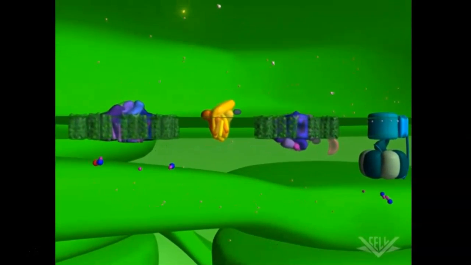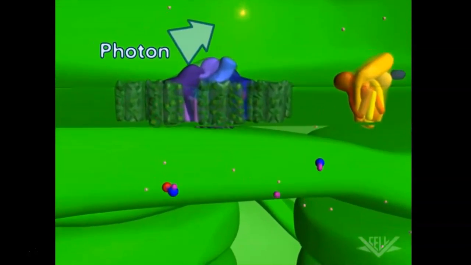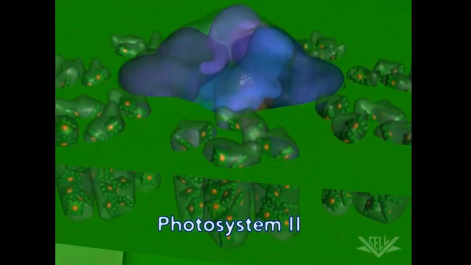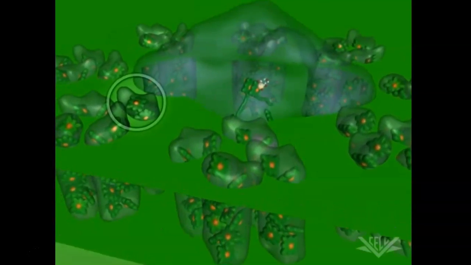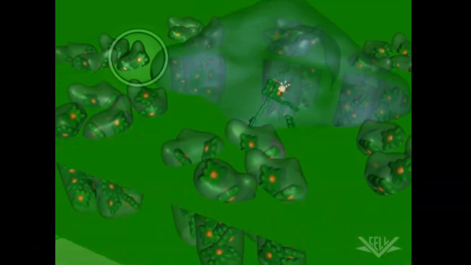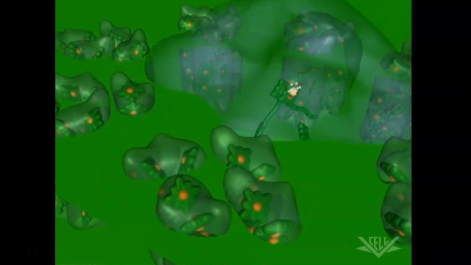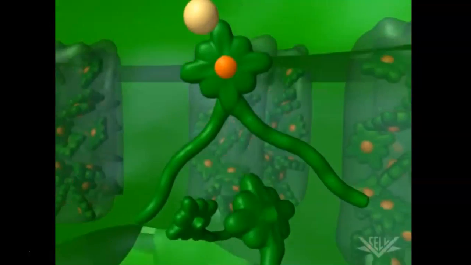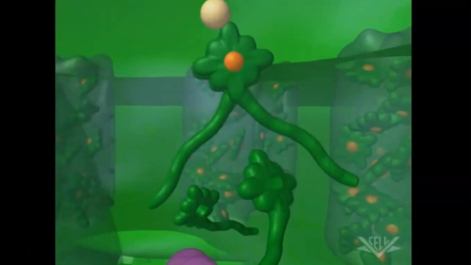Like its mitochondrial counterpart, the chloroplast electron transport chain consists of several protein complexes and mobile electron carriers. First, a photon of light hits a chlorophyll molecule surrounding the photosystem 2 complex. This creates resonance energy that is transferred through neighboring chlorophyll molecules.